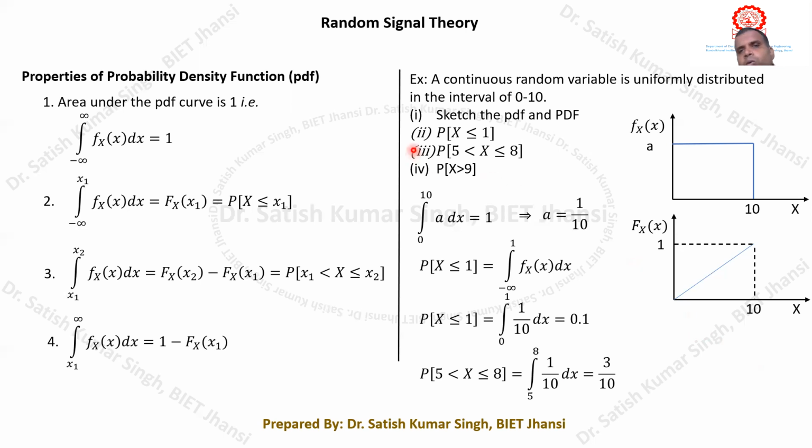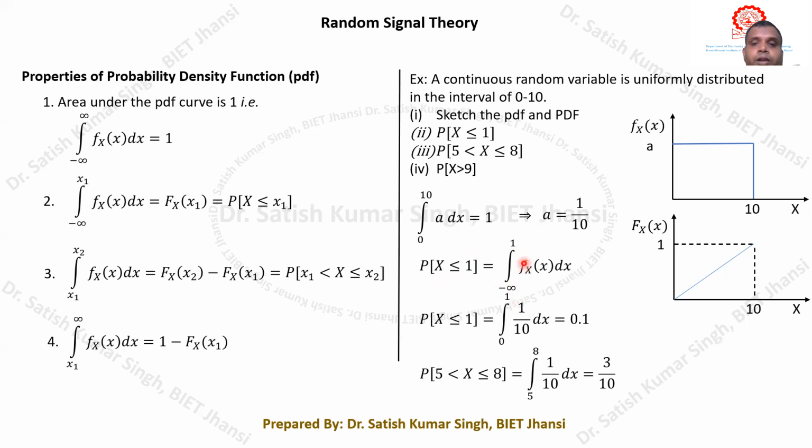Now if you want to calculate the probability that this capital X is less than or equal to 1, we can calculate this probability by using the second property. What does this second property say? If we want to calculate any probability that x is less than or equal to x1, here it is the probability that x is less than or equal to 1, that can be calculated by integrating f_X(x) dx from minus infinity to 1.